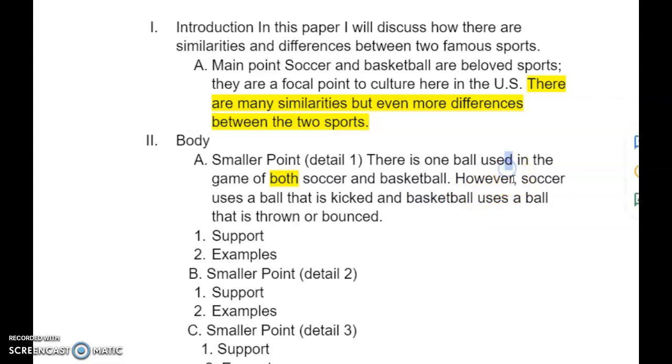Okay, and then I contrast it because that's my main point. I am contrasting basketball and soccer. So right here, that's my main point.